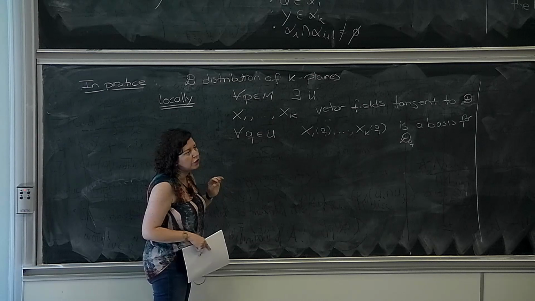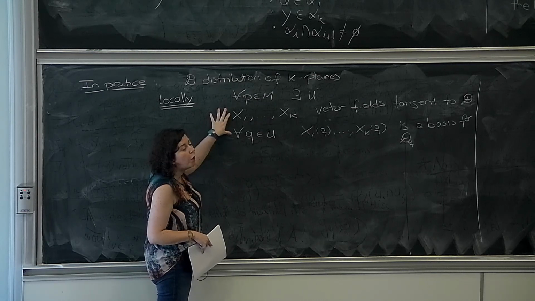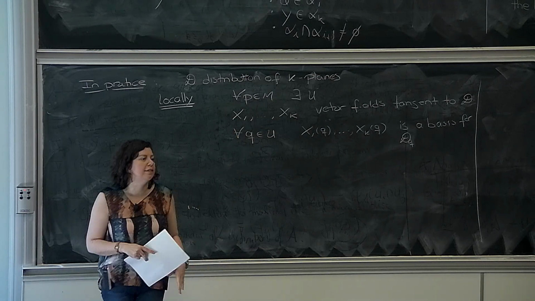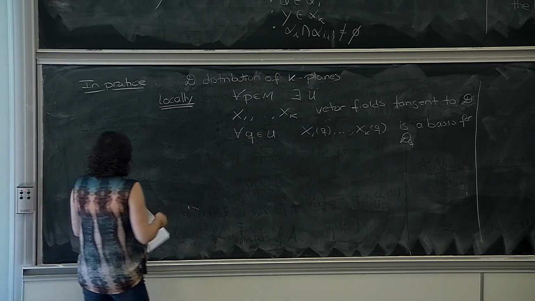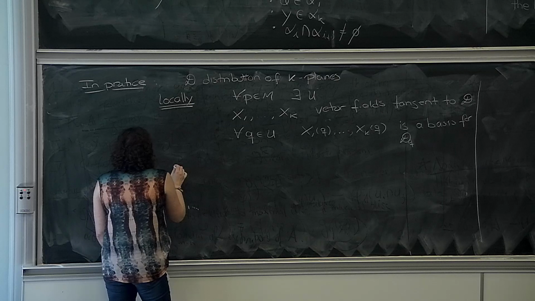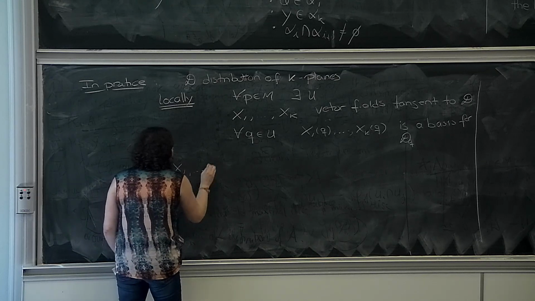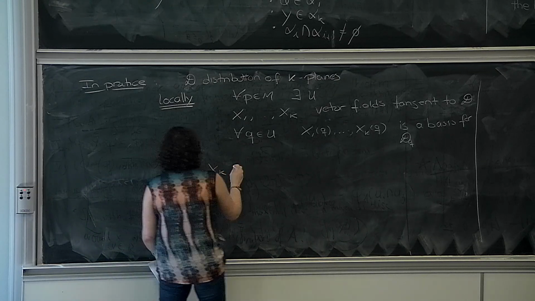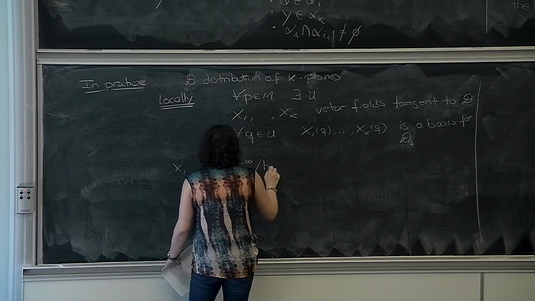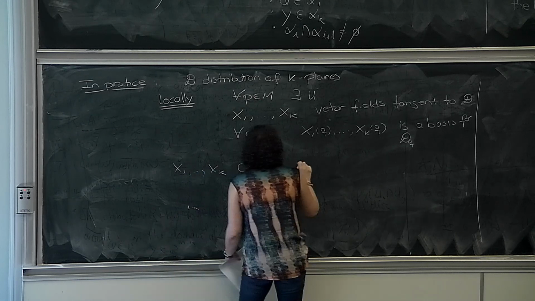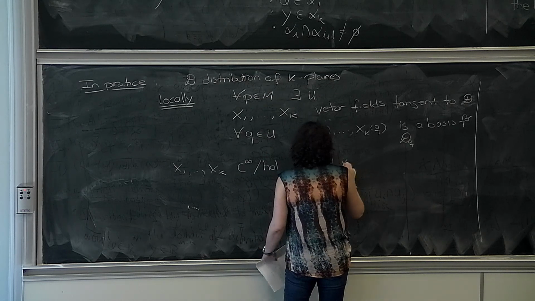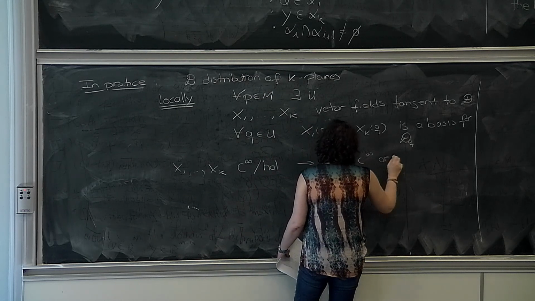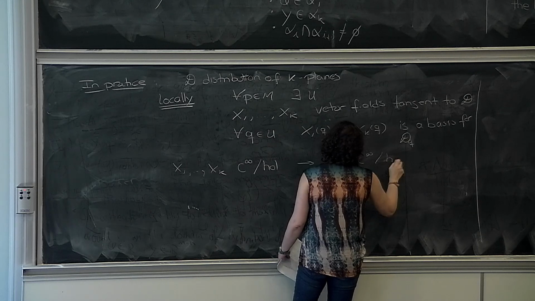If the distribution is just C infinity, we can find k C infinity vector fields satisfying this. So if x1, ..., xk are C infinity or holomorphic, then the distribution is C infinity or holomorphic.